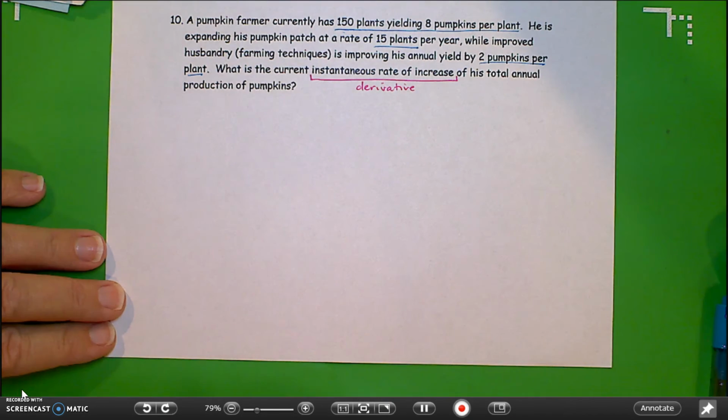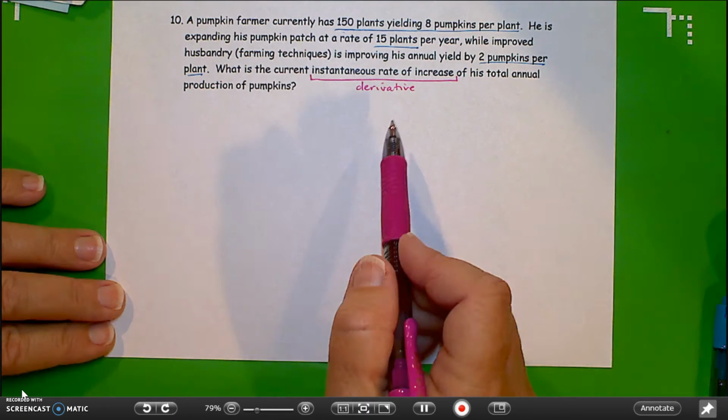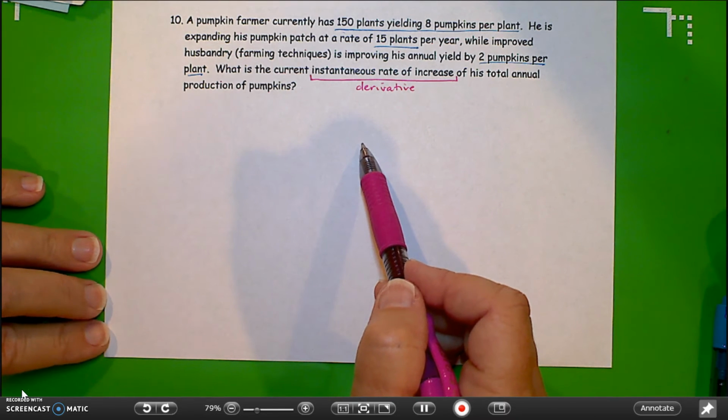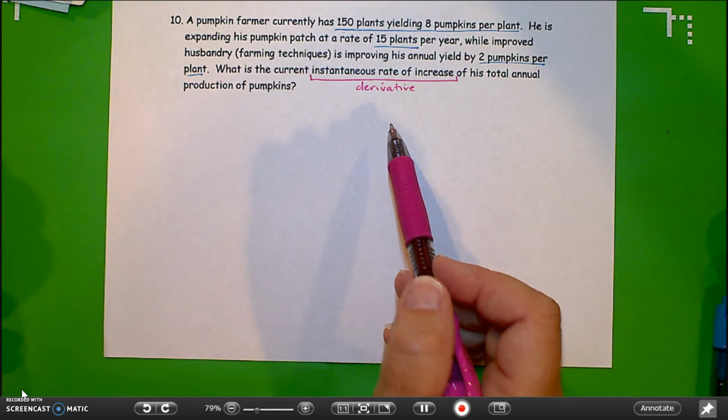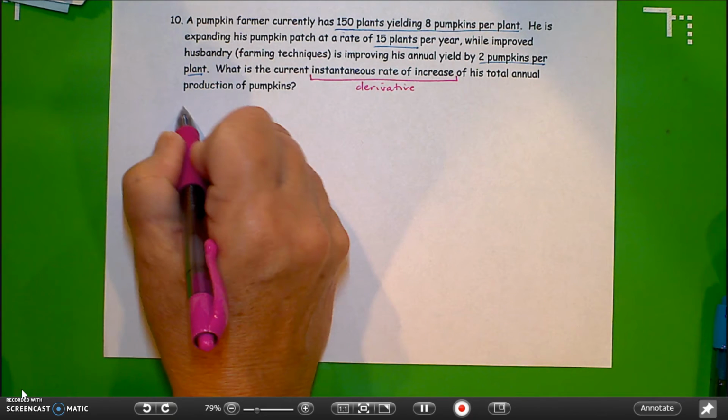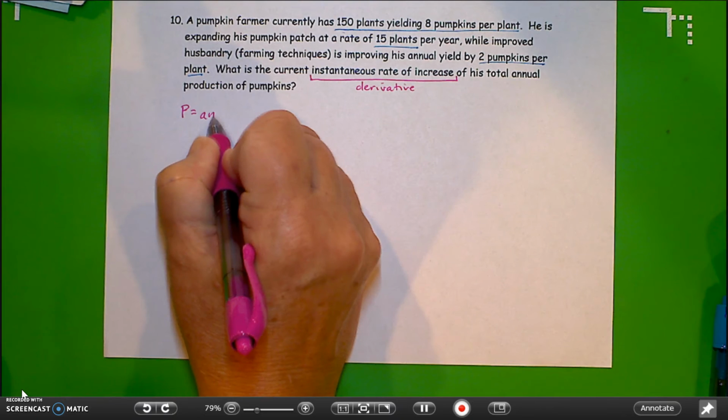Okay, so to answer this, I'm going to need, first of all, a function that represents annual production, and then I'm going to need to take the derivative of it. So let's establish some variables here. I'm going to let P equal my annual production.